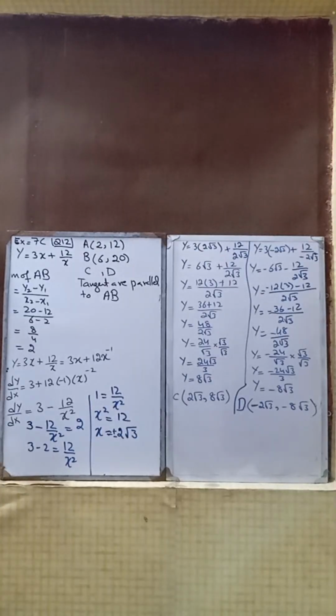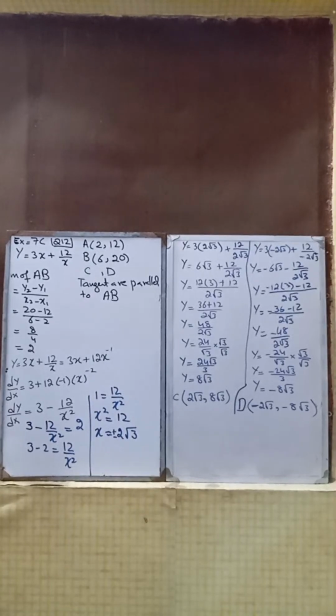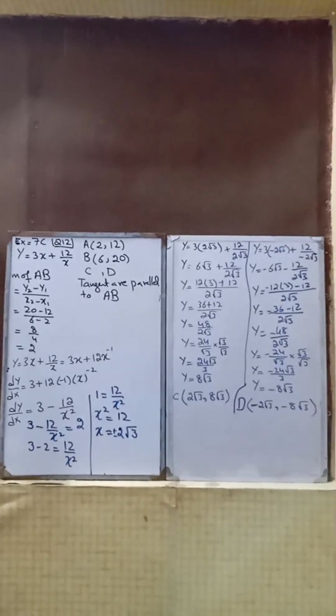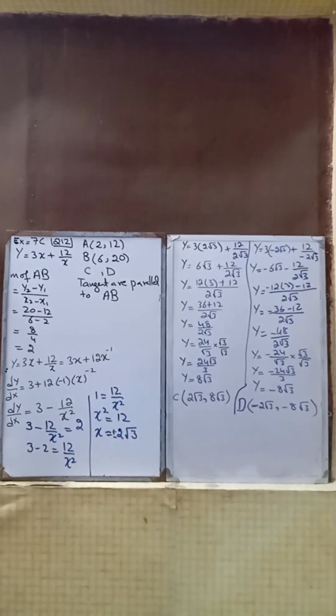And then their question is: find the equation of the perpendicular bisector of the CD. So that's the second part of this question. They want me to find the equation of the perpendicular bisector of the CD.